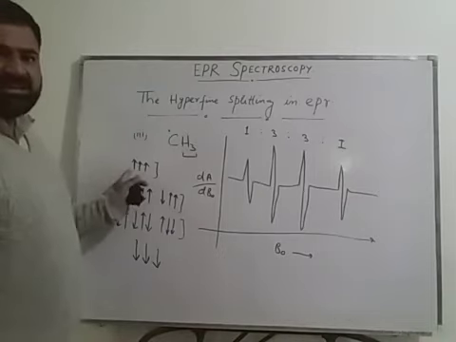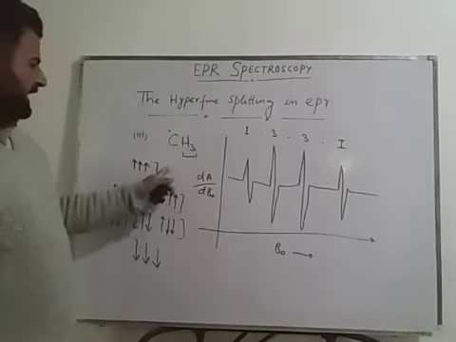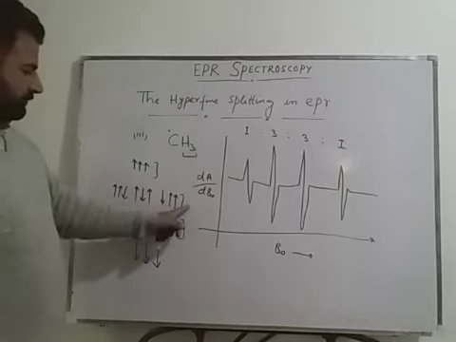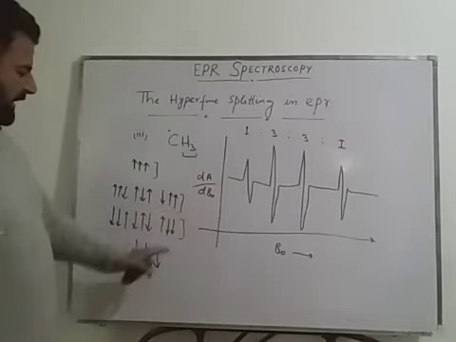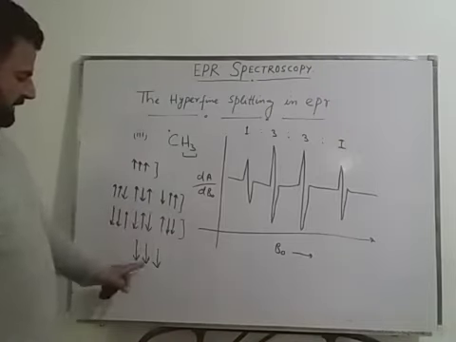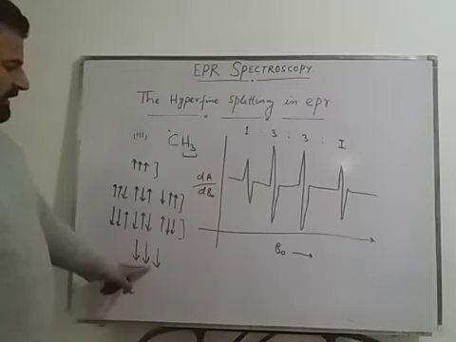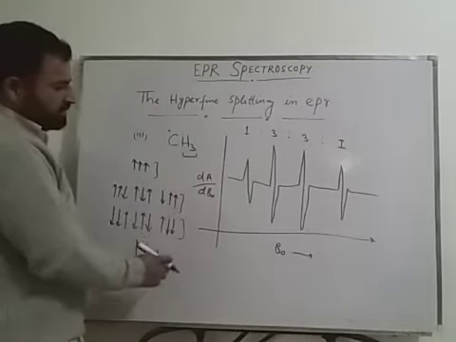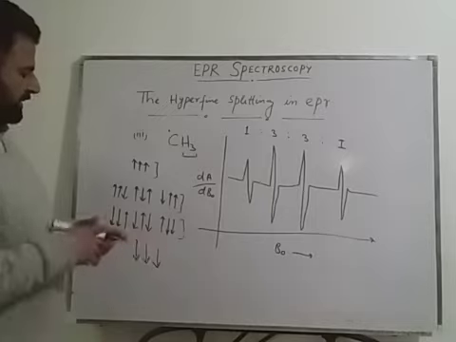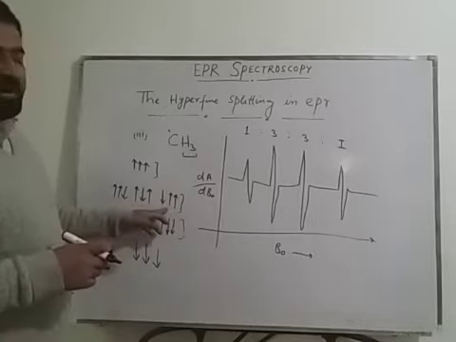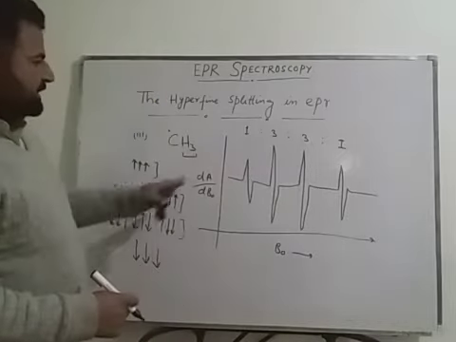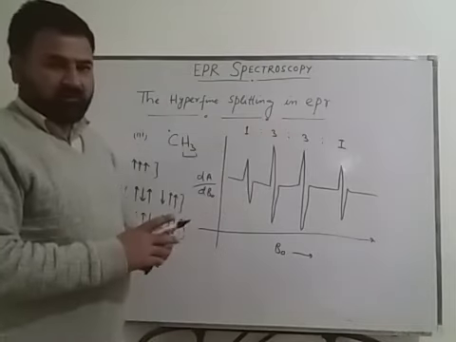The nuclear spin corresponding to plus 3/2 has the population of only one triad, however for plus 1/2 and minus 1/2 there are three triads, and for minus 3/2 there is only one. So it is 1 is to 3 is to 3 is to 1. It depends on the different orientations possible for a triad; the intensity depends on that.